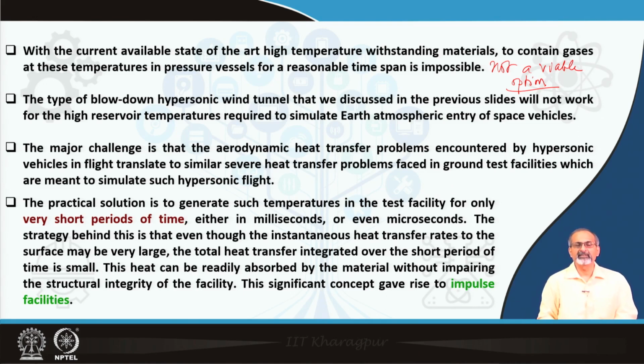The major challenge is that aerodynamic heat transfer problems encountered by hypersonic vehicles in flight translate to similar severe heat transfer problems faced in ground test facilities, which are meant to simulate them. And therefore, it is not only that those vehicles will encounter these kinds of heat transfer problems, the ground test facilities also suffer from the same.